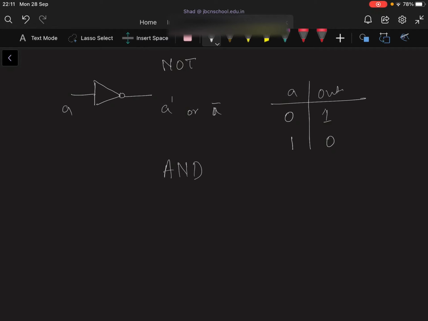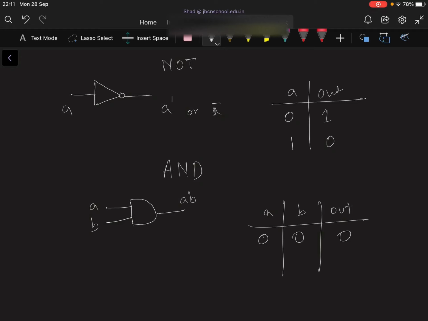Let's look at AND gate. So let's look at the truth table. If your input is off state, the output will also be off state.